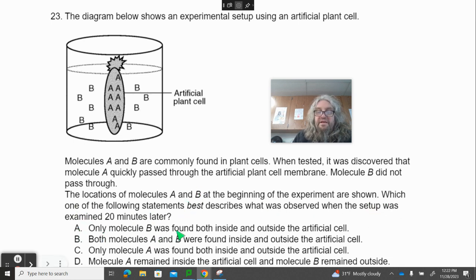A, only molecule B was found both inside and outside of the artificial cell. B, both molecules A and B were found inside and outside of the artificial cell. C, only molecule A was found both inside and outside of the artificial cell. D, molecule A remained inside the artificial cell and molecule B remained outside.